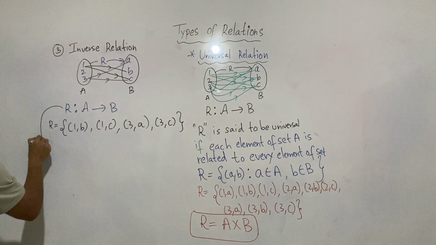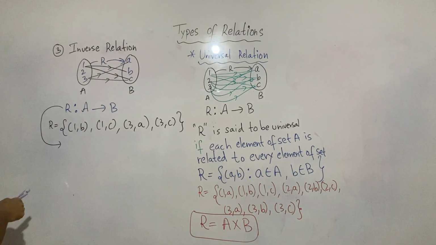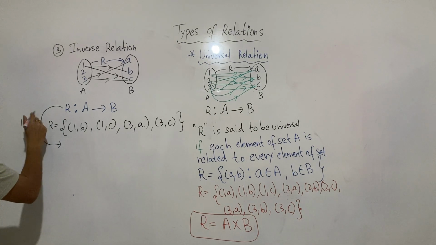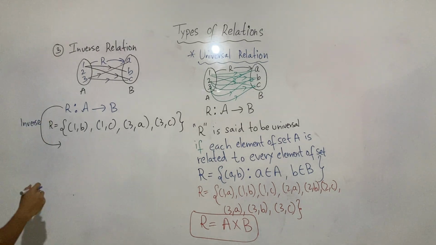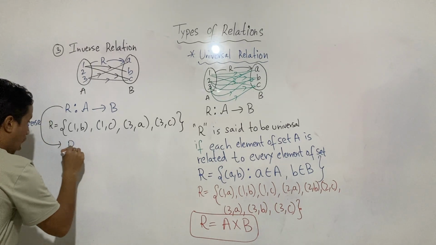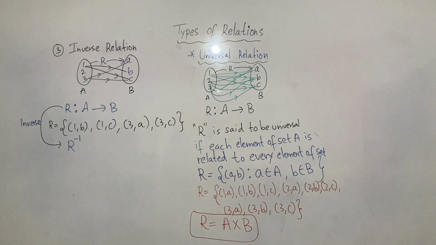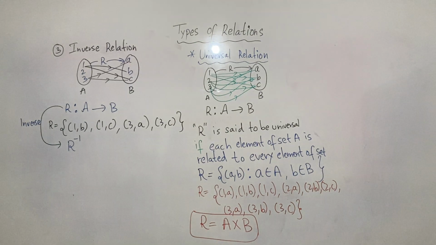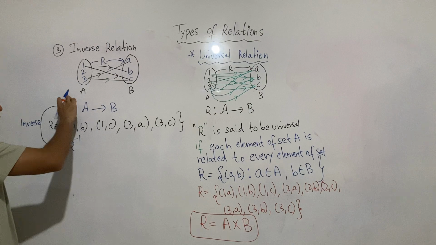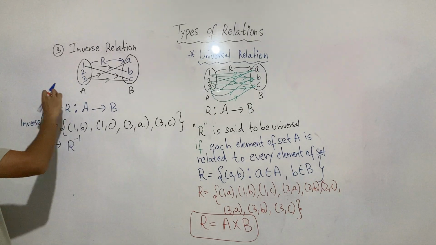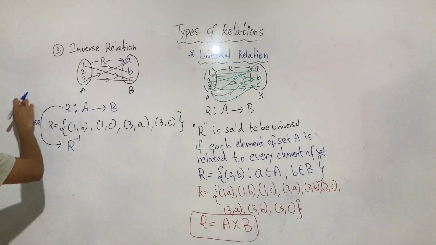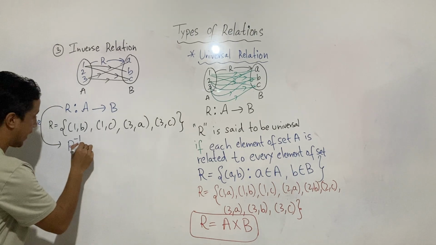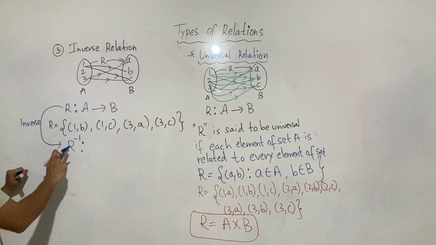So if R is a relation defined from non-void set A to B, then the inverse relation of this is going to be the inverse of relation R, written R inverse. This is the way to represent an inverse relation.